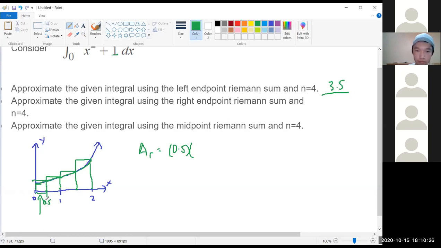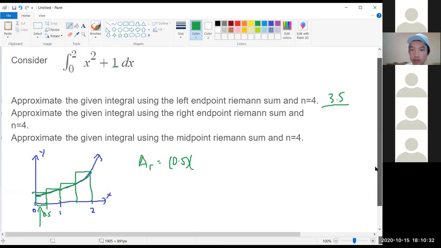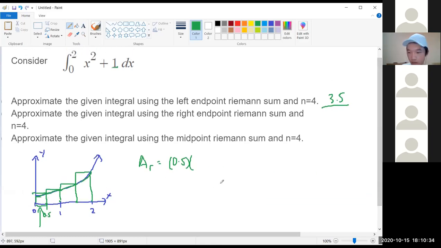You can plug the x value into the original function. So we're going to plug in 0.5 now because that's how tall our rectangle is. It's the height when x is 0.5, which was 1.25.